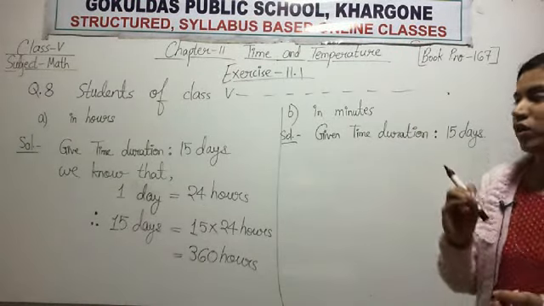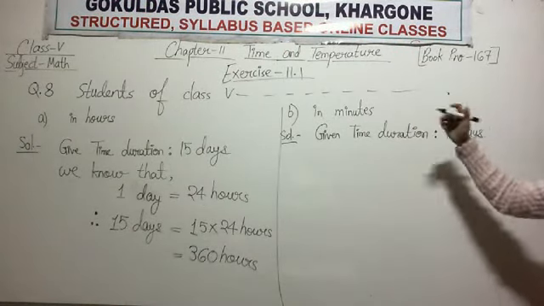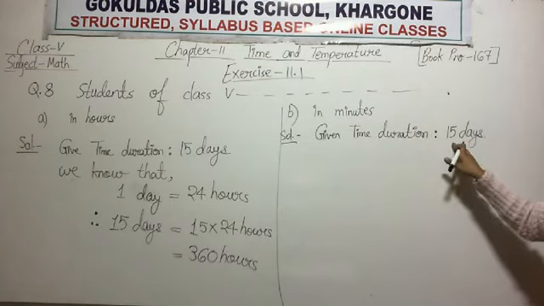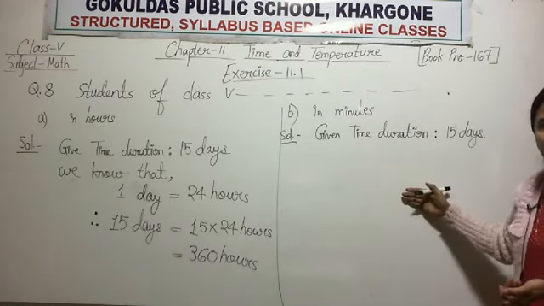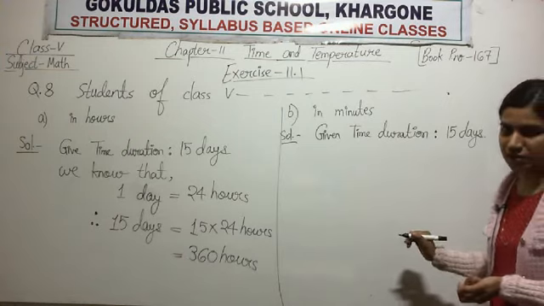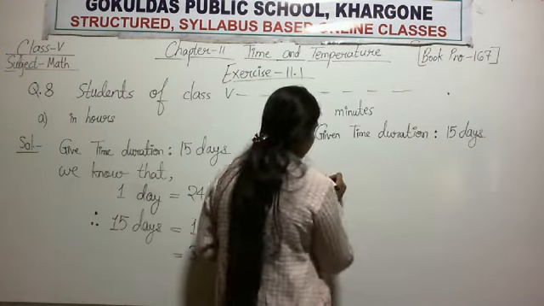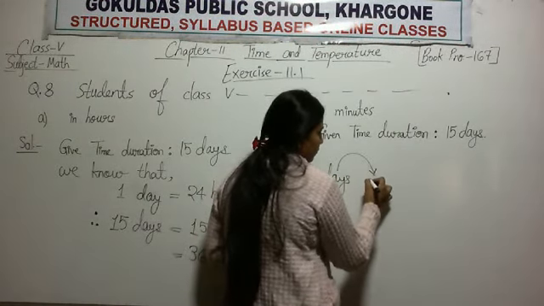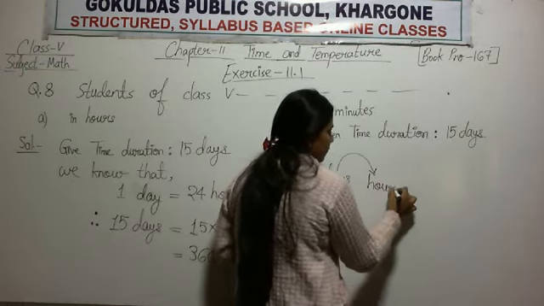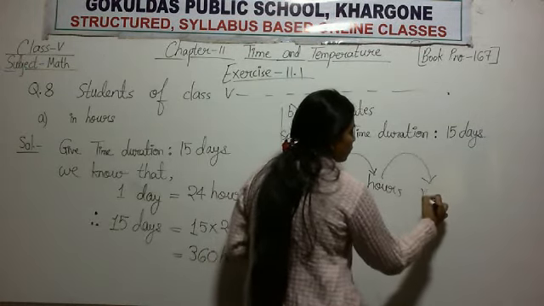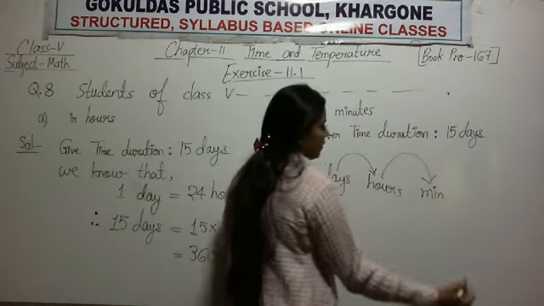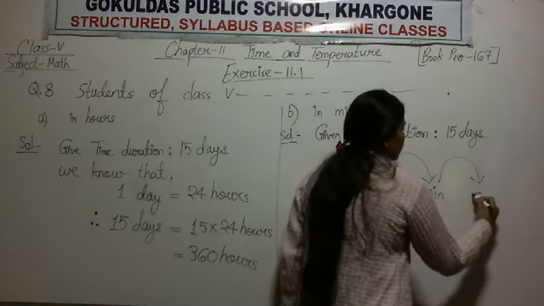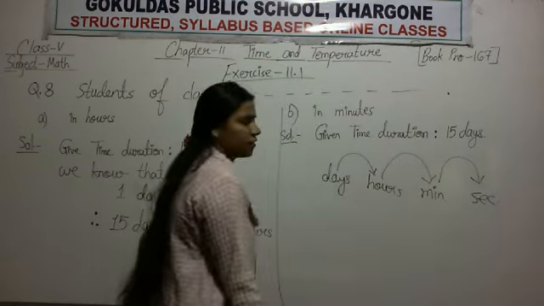But there is no hint to convert days into minutes directly. So first of all, we need to convert days into hours, and then those hours we can convert into minutes, and then minutes into seconds.